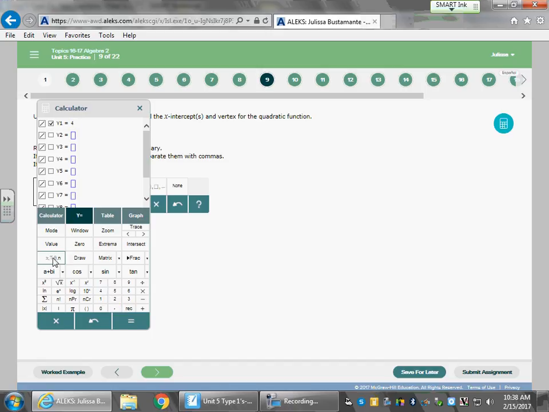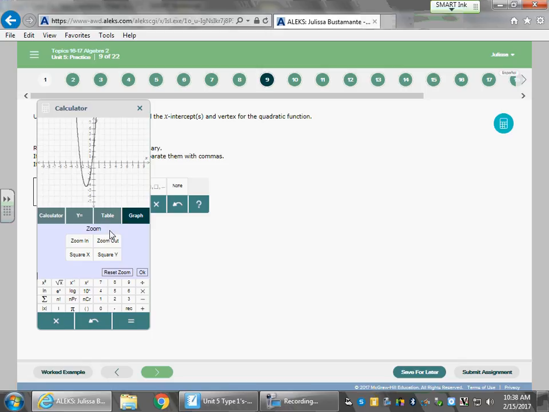So you can use your keyboard, otherwise use the variable right there. 4x squared plus 10x plus 2 and graph. Okay, so there's my graph. We can zoom in a little.